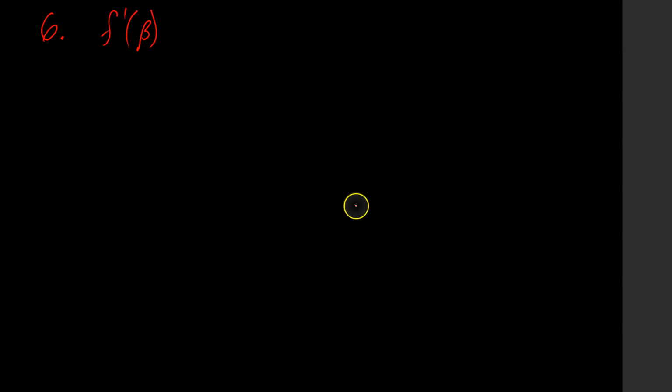So f prime of beta, we're given f of beta, and that is beta y. And we have to assume y is some other function, so we're going to be using implicit differentiation. So beta is the input variable. We treat that like we normally would x.